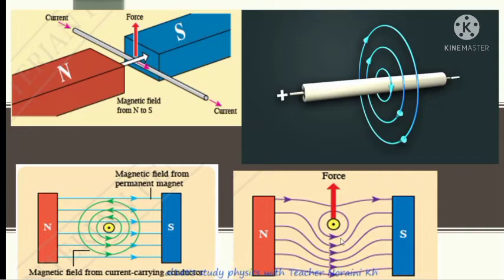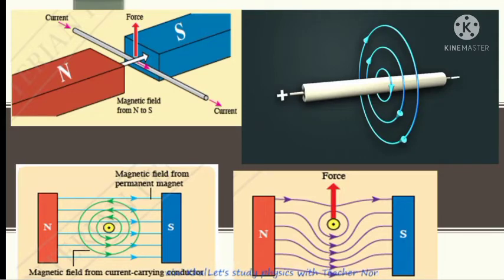So this non-uniform field that is produced, we call it catapult field. Due to the non-uniform strength of magnetic field, it will produce a net force that acts on the wire. The net force is known as force on current carrying conductor when placed in magnetic field.